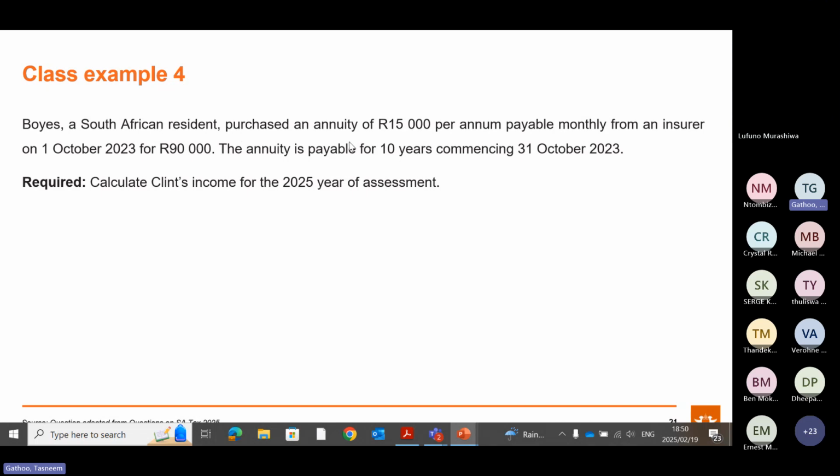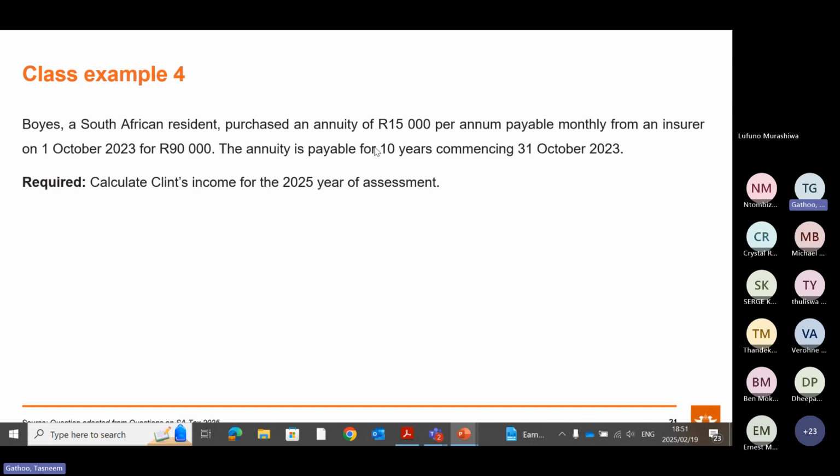He purchased an annuity of 15,000 Rand per annum, payable monthly from an insurer on 1 October for 90,000 Rand. The annuity is payable for 10 years, commencing the 31st of October 2023. So he purchased an annuity for 90,000 Rand, and he will receive 15,000 Rand per annum.